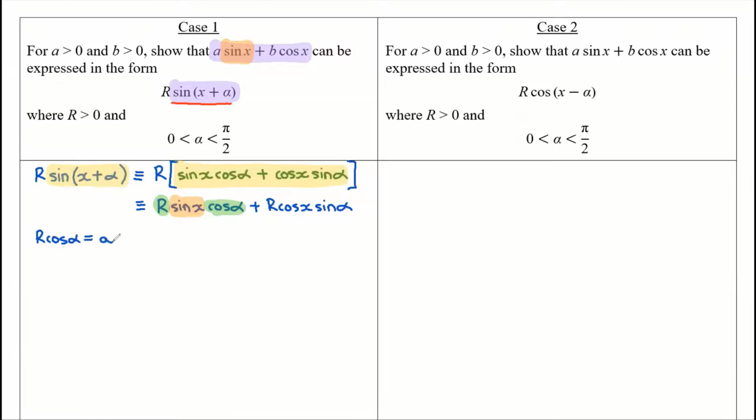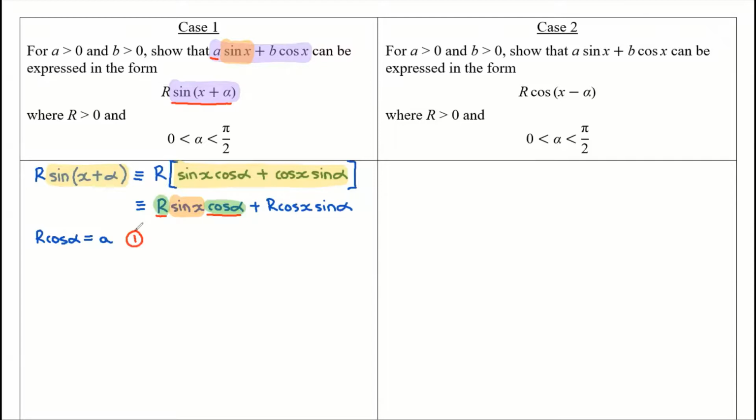Simply because if these are supposed to match, then the r and the cos alpha must correspond to the a up there. So we have a relationship. It would be an equation if we were given the alpha and the r, but obviously we're not at the moment. So that's the first relationship, and I'll call this equation 1. That's the first thing we've deduced.